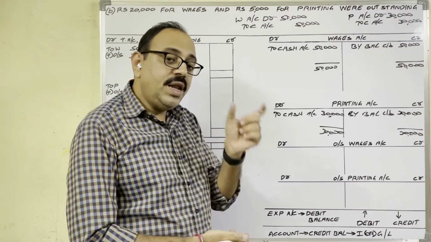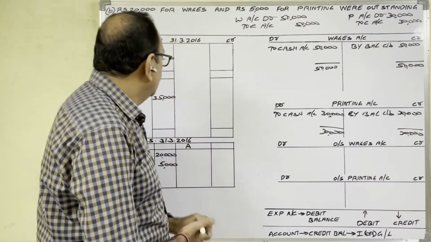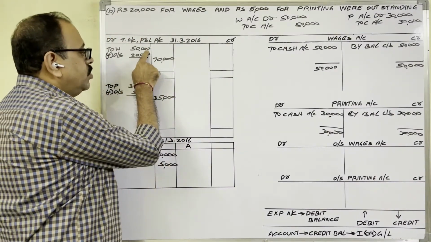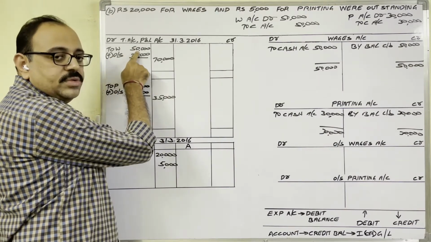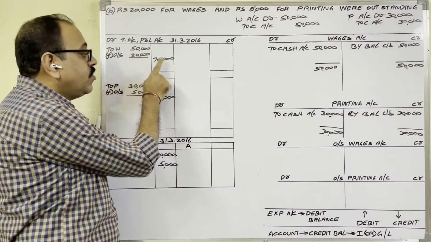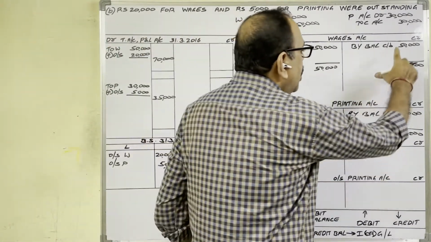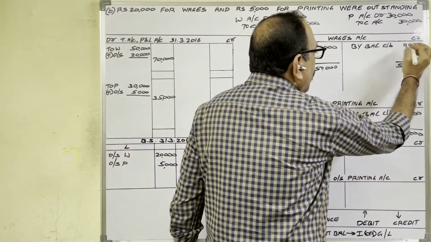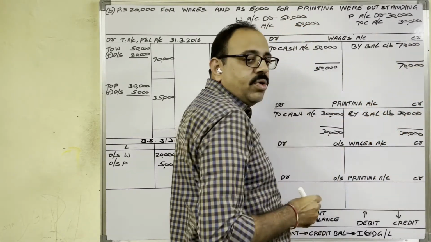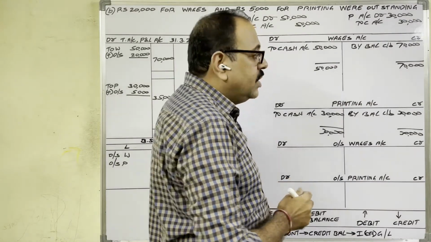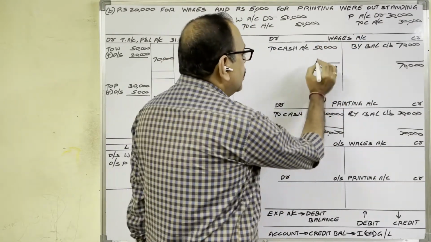And outstanding expenditure means we want to increase the expenditure now. See, wages paid 50,000. I want to add 20,000 to this 50,000, so in the final accounts I want to take 70,000 as wages. Here, instead of 50,000, I want 70,000 as balance carried down in the wages account. Then that 20,000 we should write on the debit side.